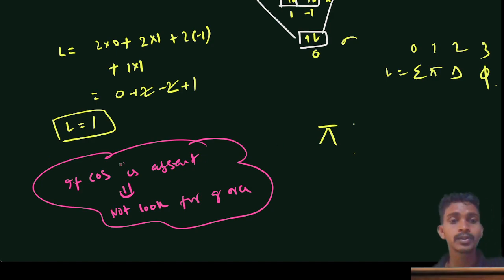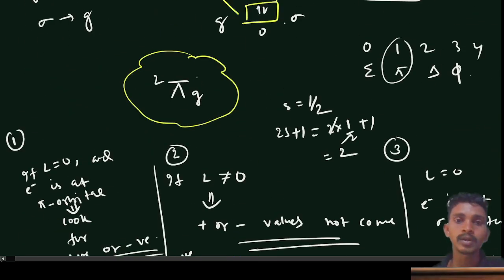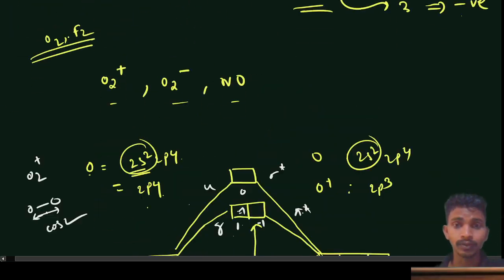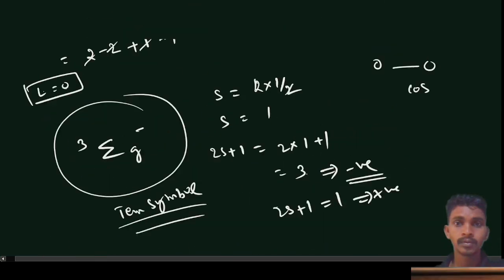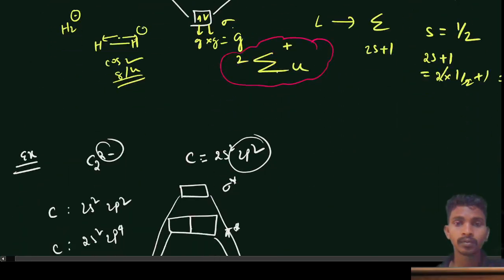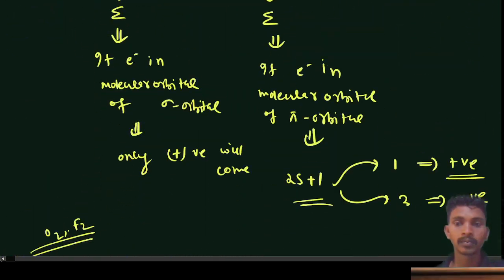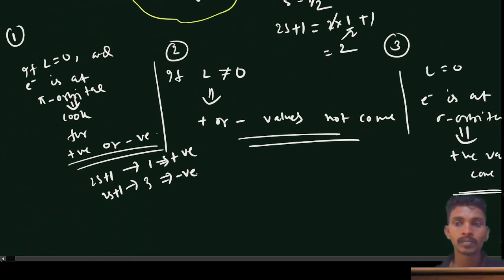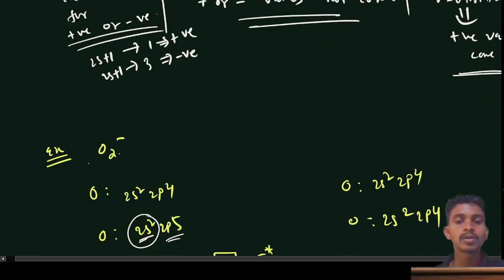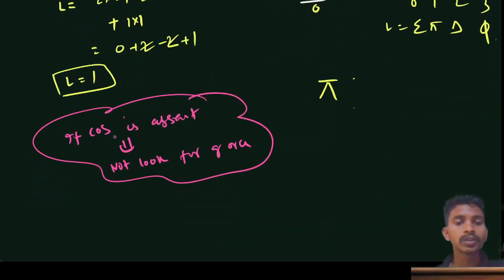Also in today's class I have discussed that if COS is absent, do not look for G or U. Okay, here also I think I have mentioned. Okay, here I did not mention it. So if COS is absent, then do not look for G or U. So here I will not write G or U. Okay, so plus or minus also I will not write, because L is equal to 1, only 2S plus 1.